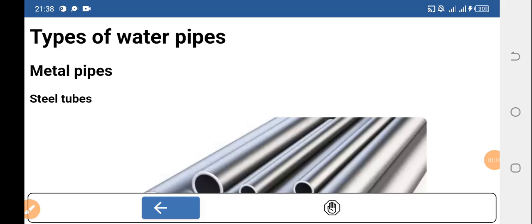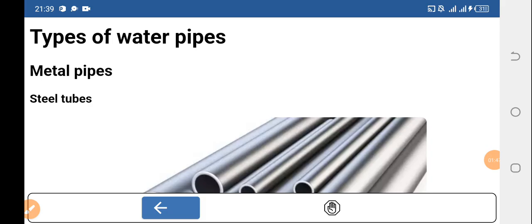We also have what we call carbon steel, galvanized steel, cast iron steel, and other metals. Now, there are some specific materials that should be used in water supply, specific materials that should be used in gas supply, and other materials that can only be used for greywater or maybe waste systems.